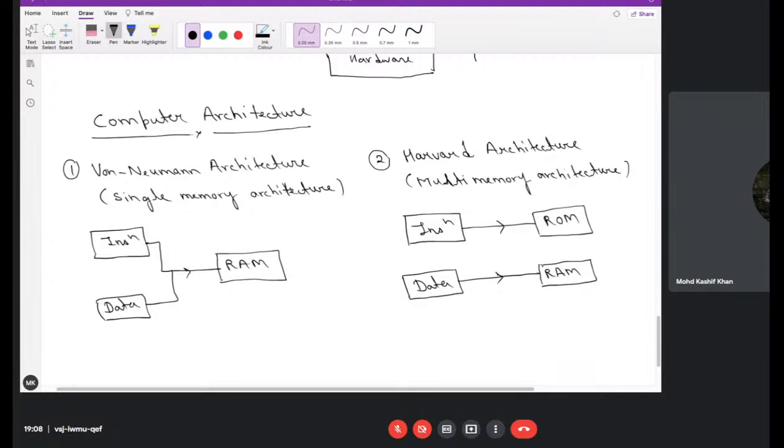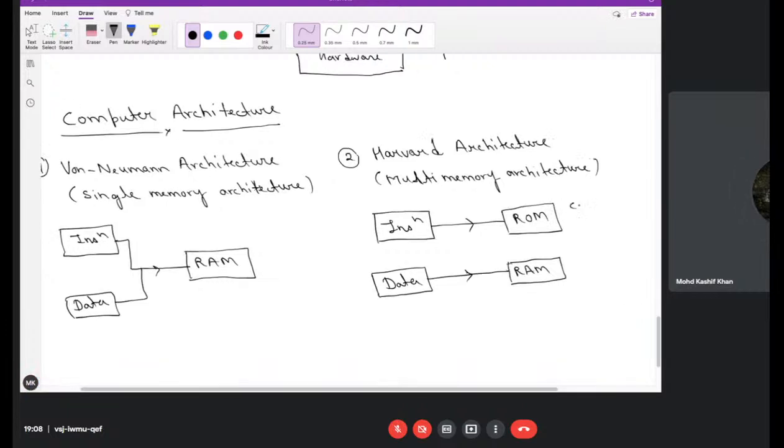The part where you are storing the instruction will become code memory, you are writing the code part, and this is data memory.